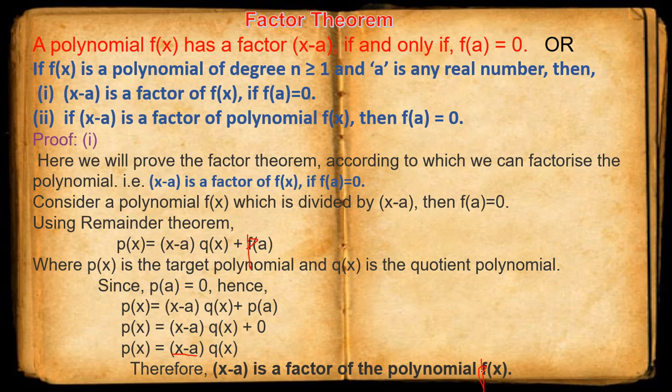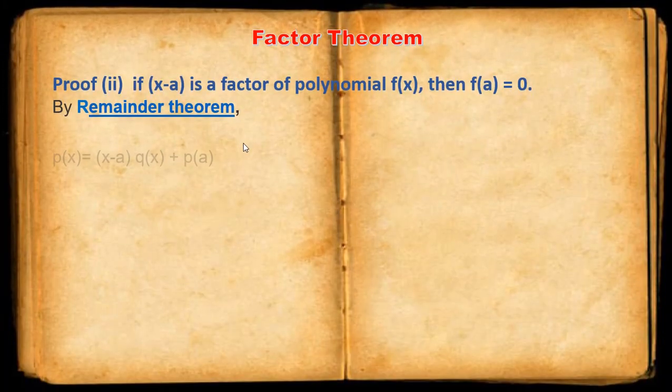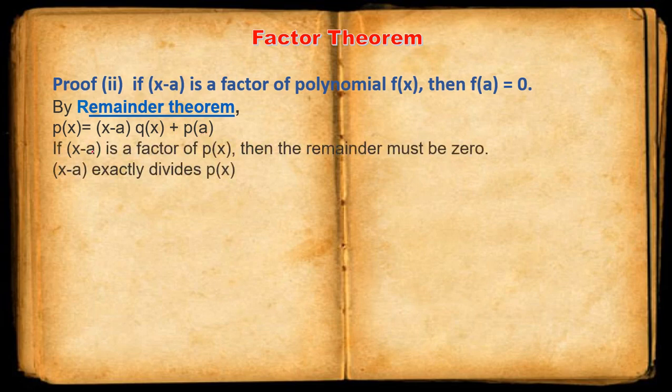Okay. Now let us prove the second part. In the second part, what we have to prove is that if x minus a is a factor, then we will get remainder equal to 0. As we know by the remainder theorem, p of x is equal to x minus a into q of x plus remainder p of a. Now think of the two numbers 2 and 4.